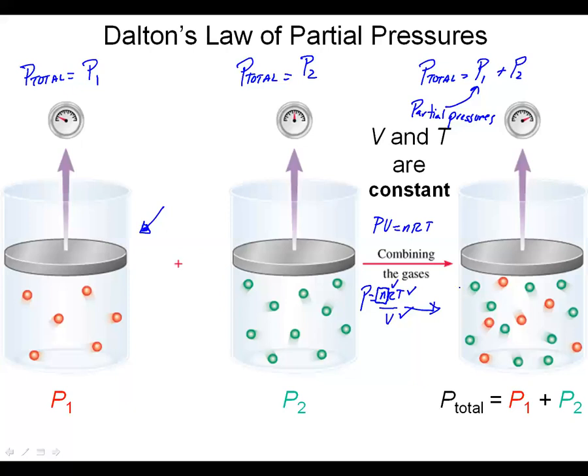There's really no interaction that occurs between gas molecules that are flying around together. And that's, again, one of the things that make something an ideal gas.